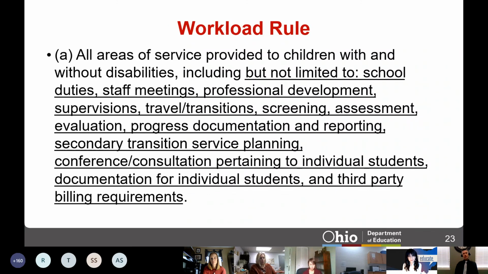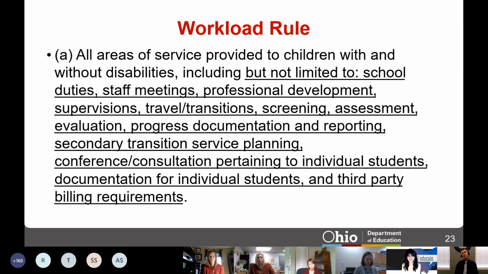Now, in the operating standards, it says a workload process should consider all of these, but it's not limited to just this. So what the rule, when it was revised in 2014, did was add a few clarification points. I think the transition was something that was added, travel transition. I think third-party billing was added.